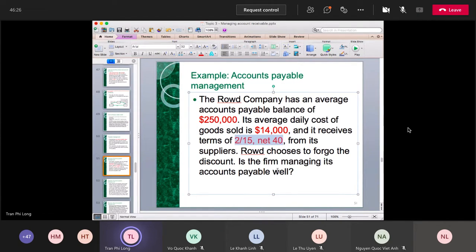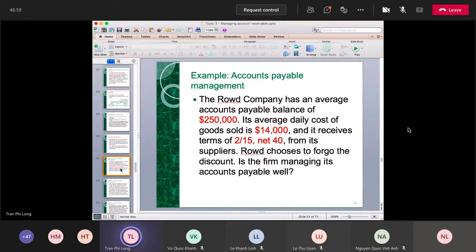It means that if the company pays within 15 days, the company can enjoy a 2% discount. Otherwise, the company can pay within 40 days. And this company chooses to forgo the discount. It means that the company should pay after exactly 40 days. Now the question asks: is the firm managing its accounts payable well?